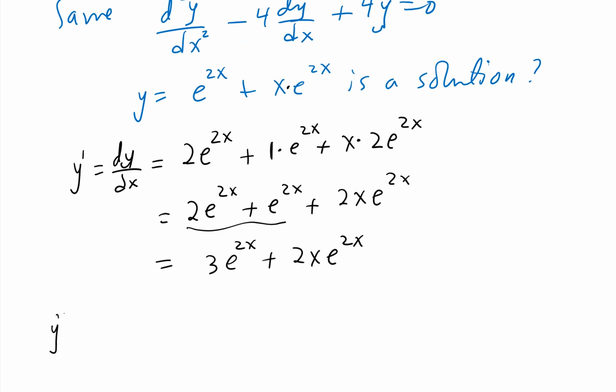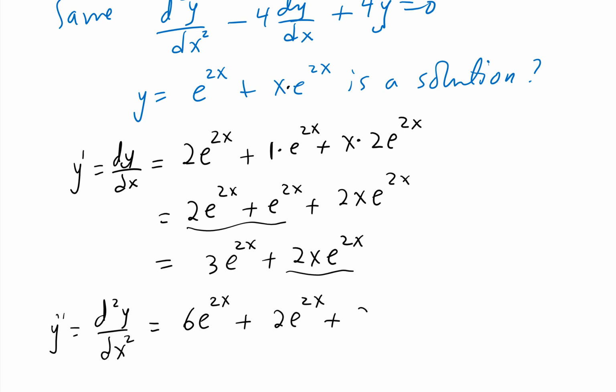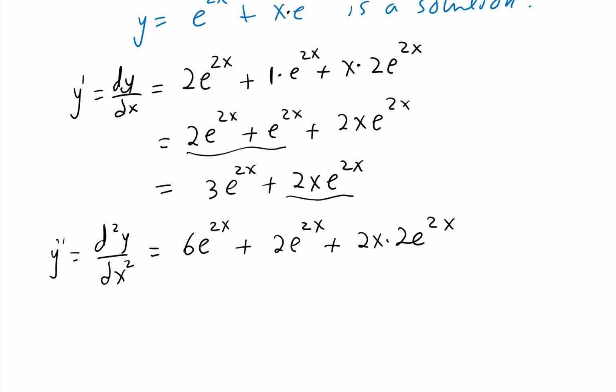Then y double prime, the second derivative, is 6e to the 2x plus, again using the product rule, 2e to the 2x plus 2x times 2e to the 2x. So that's 8e to the 2x plus 4x e to the 2x.